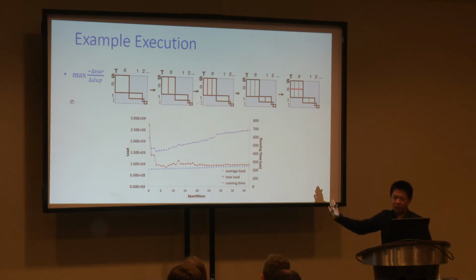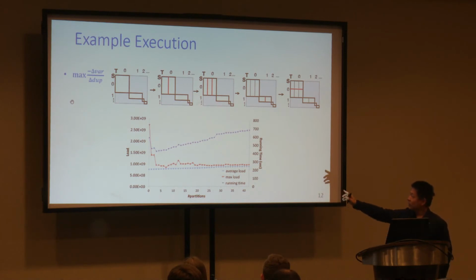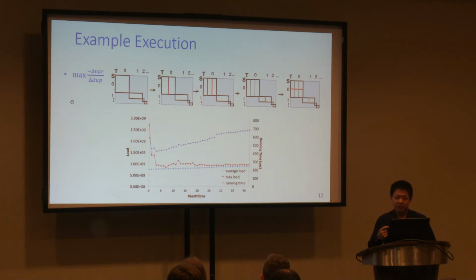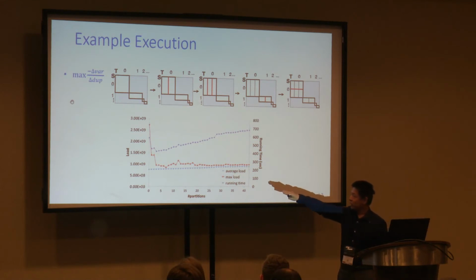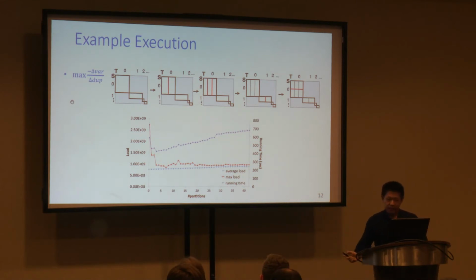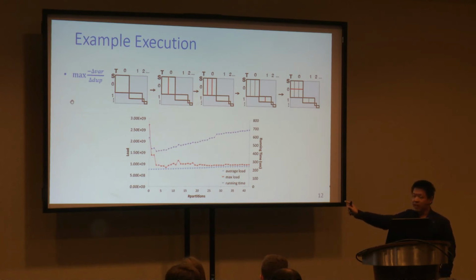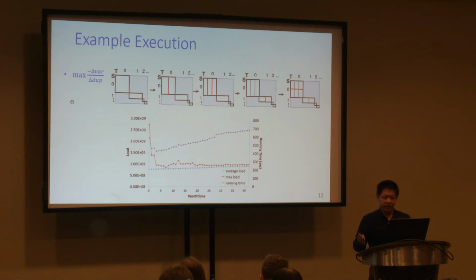From left to right, we add more partitions, and the purple line above shows the trend of the running time. At first, when we add more partitions, the running time drops significantly. On the other hand, the blue line in the bottom keeps increasing. This is the average load. It keeps increasing because we create more and more duplications.